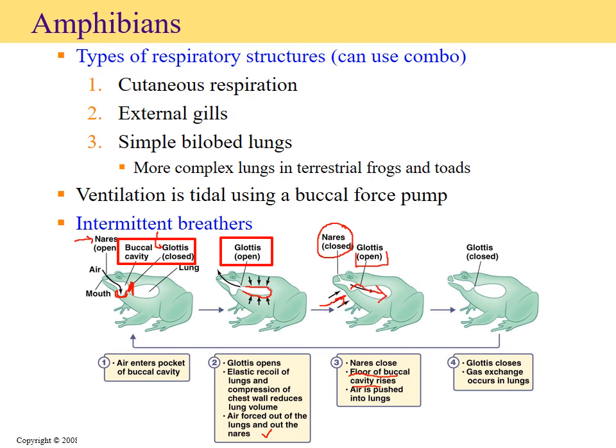Once it's in the lungs, our final step is to close off the glottis, allowing the air to now freely exchange gases within the lungs. And keep in mind, as this is happening, we basically go right back to step number 1. So fresh air is already entering the buccal cavity, just waiting for the glottis to open to release the expired air so it can have its turn going into the lungs and doing its gas exchange.